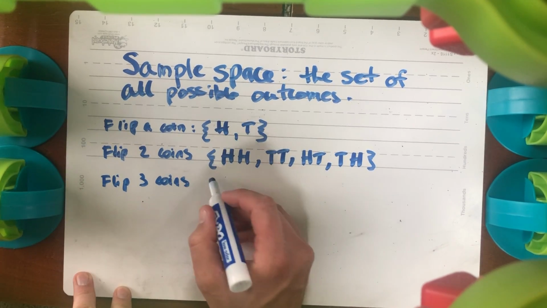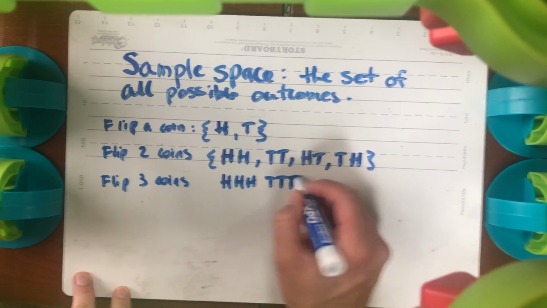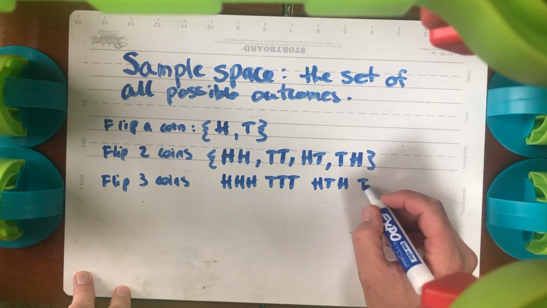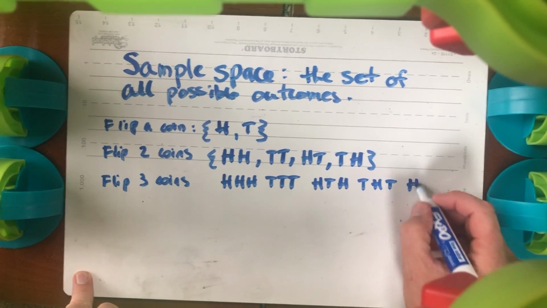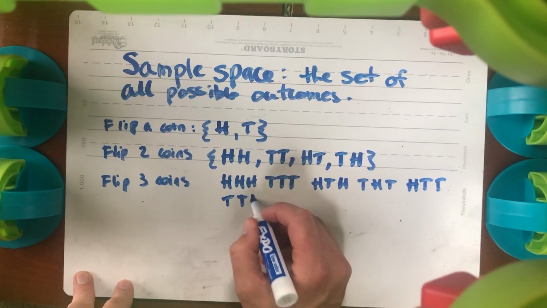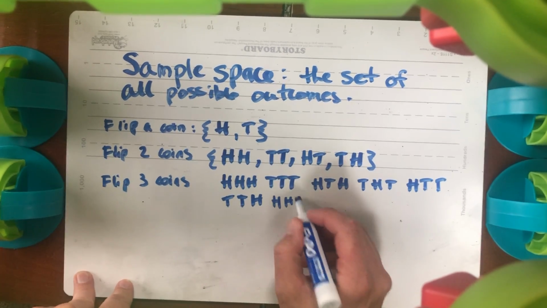Things change a little bit. We can get heads, heads, heads. We can get tails, tails, tails. We can go heads, tails, heads. We can go tails, heads, tails. We can go heads, tails, tails. We can go tails, tails, heads. We can go heads, heads, tails.